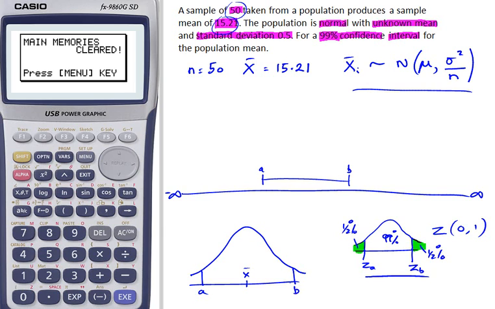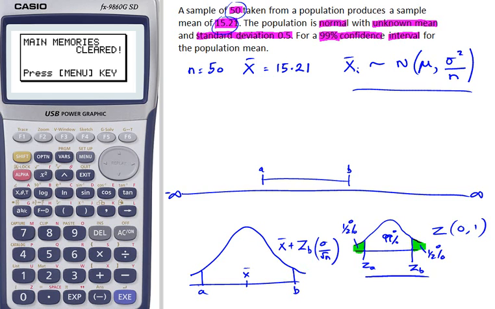Now to get that value, we know we're going to have to multiply the Z value by the standard error. But of course we have the standard error. It's sigma squared over n, square rooted. So to calculate this, it's going to be x bar add the ZB value times the square root of all of this.